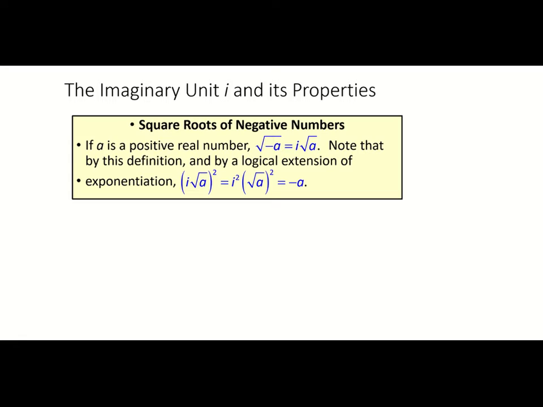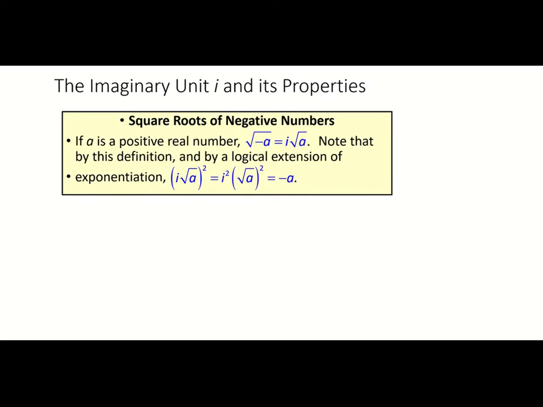So if I had something like the square root of -49. Now, if we put it into a calculator, it's going to say a non-real answer. It's not going to work.